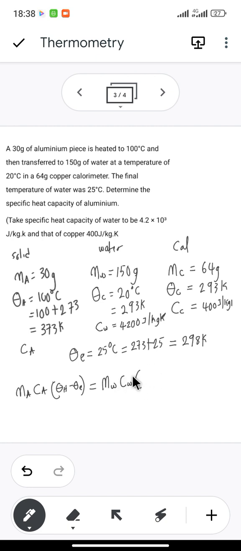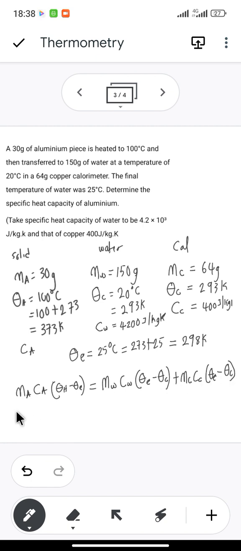Then the change in theta here will be the equilibrium temperature minus the cold temperature, plus the mass of the calorimeter, specific heat capacity of the calorimeter, the same thing, equilibrium minus the cold. Do you understand? This is what will give you your solution.